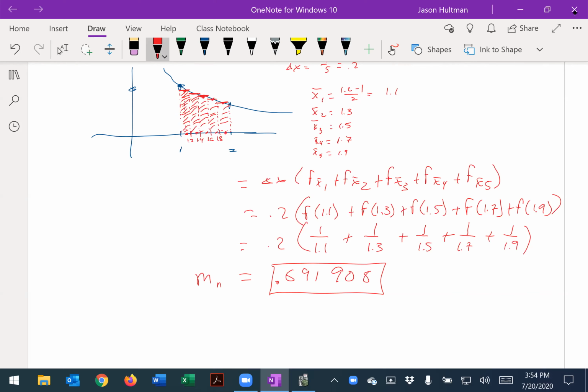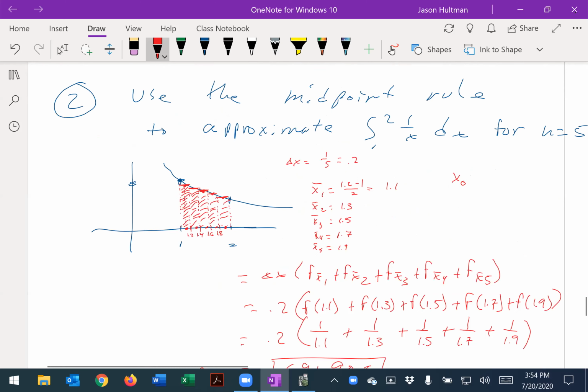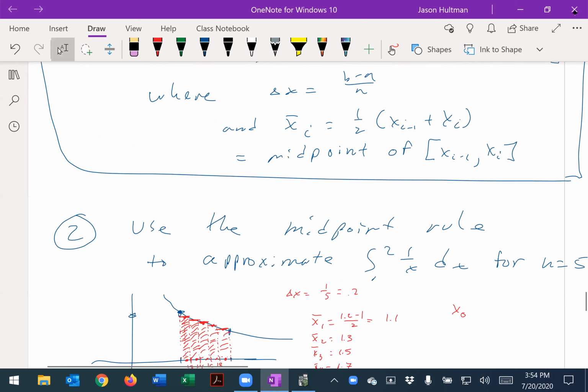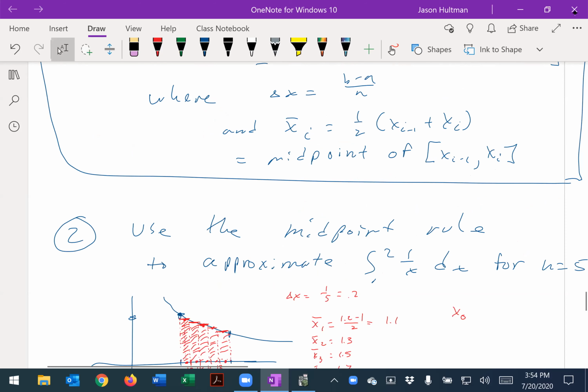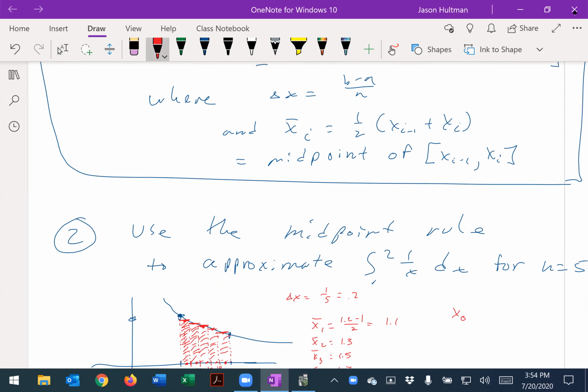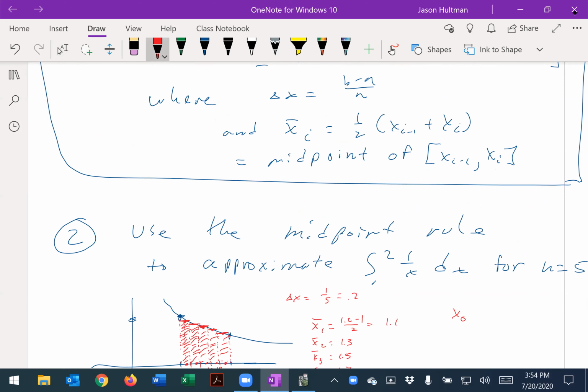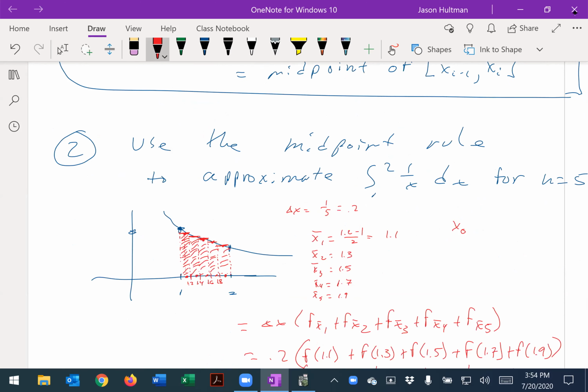What is x sub 0 here? It even says up here in the trapezoidal rule that x bar sub i is equal to the x sub i minus 1 value plus the x sub i value times 1/2. That's just an average. So the average between 1 and 1.2 is 1.1.